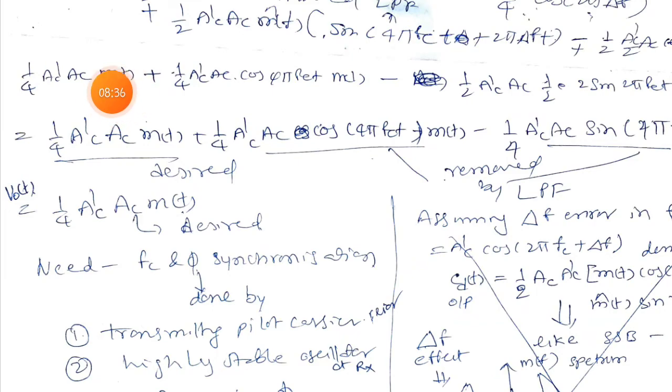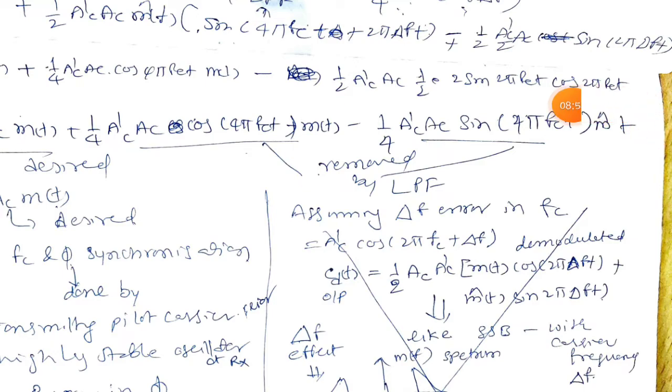After expanding, we get 1/4 A'c Ac m(t) plus 1/4 A'c Ac cos 4 pi fct m(t) minus A'c Ac sin 2 pi fct cos 2 pi fct m cap(t). Here 2 sin theta cos theta you can write as sin 2 theta, so you can write sin 4 pi fct.